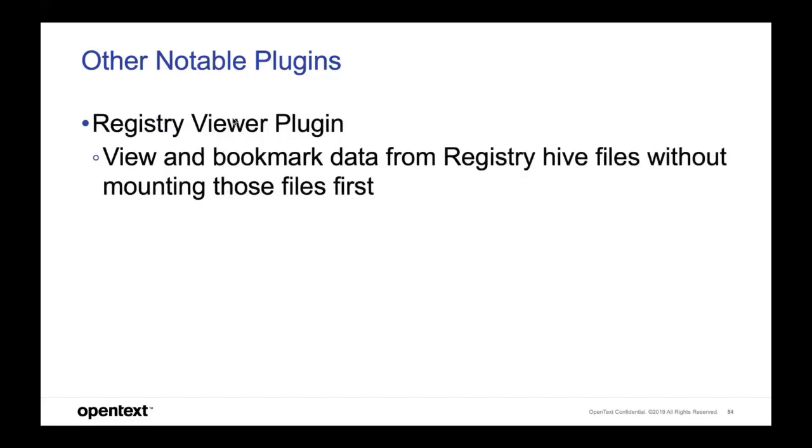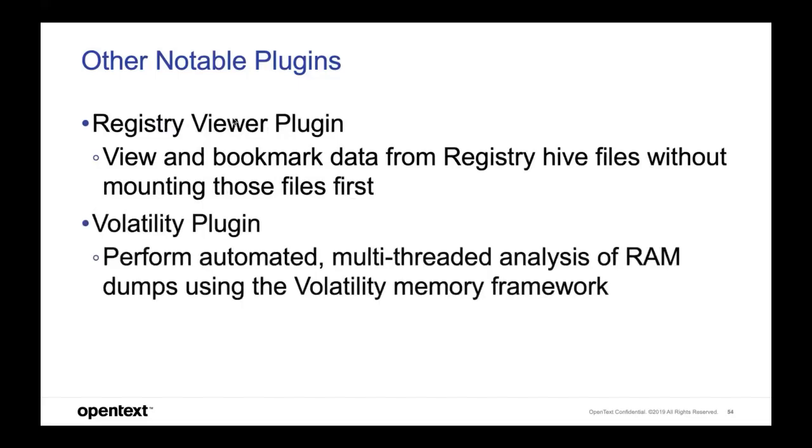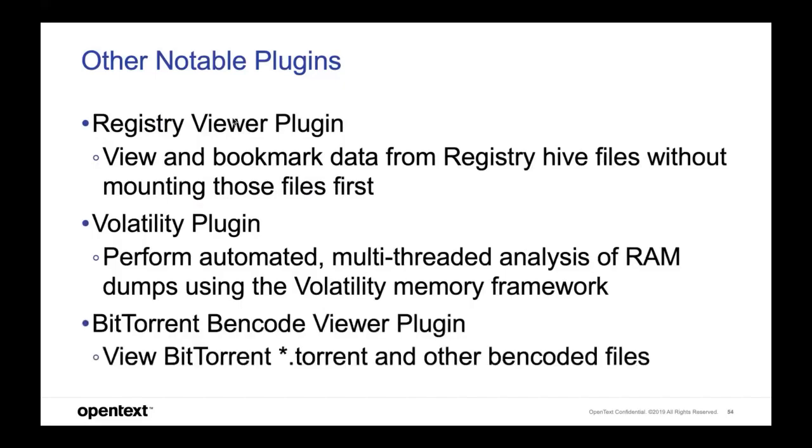The Registry Viewer plugin makes it easy to view and bookmark data from registry hive files using a keyboard shortcut and without mounting those files first. The Volatility plugin performs automated multi-threaded analysis of RAM dumps using the Volatility memory framework. And finally, the BitTorrent BENCODE Viewer plugin allows the examiner to view and bookmark torrent files and other BENCODEd data maintained by uTorrent and other BitTorrent clients.